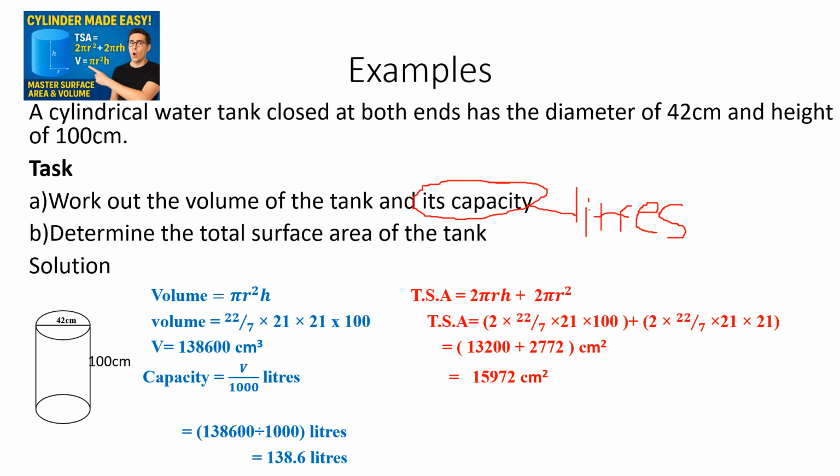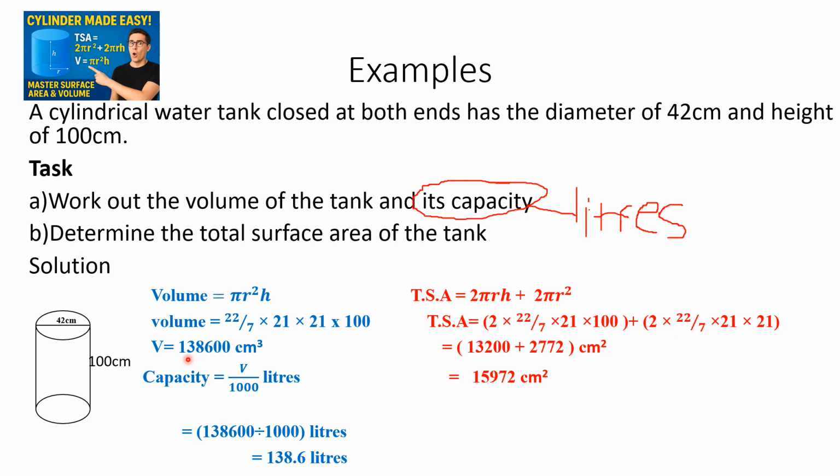So here we say that capacity is equal to, 1 liter is equal to 1,000 cubic centimeters. So when you have your volume in cubic centimeters, you divide that volume by 1,000 to get the capacity in liters.